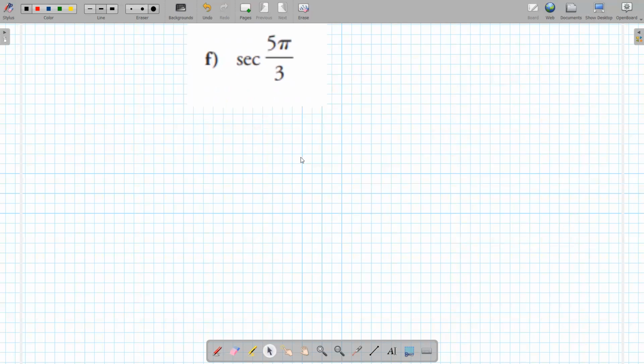Secant. Secant is related with one of sine, cosine, or tan. Do you know which one? It's the reciprocal of one of the primary trig ratios. Secant is the reciprocal of cosine.